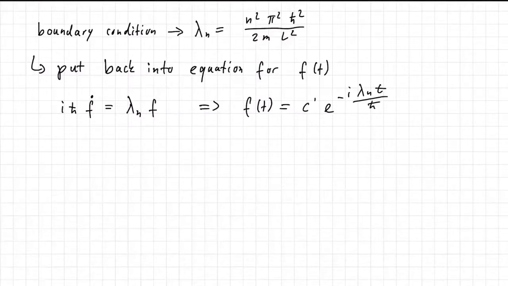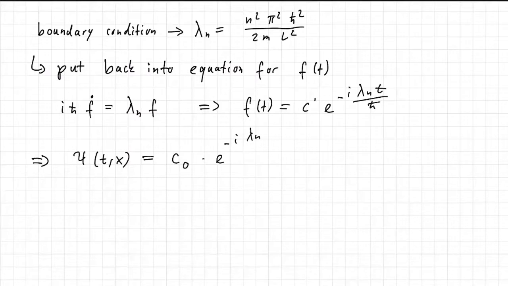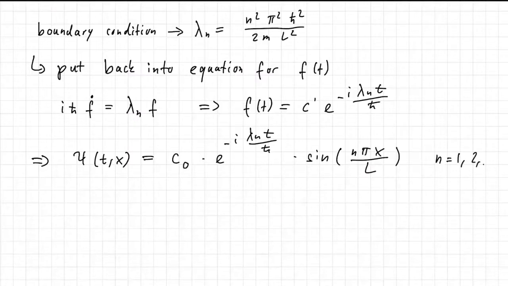And with that, we can write down the complete solution, which was a product of f of t and phi of x. And we get the complete solution, which is psi of t, x equals some coefficient, the c prime times c1, which now I call c0, times e to the minus i lambda n t divided by h bar times sine n pi x divided by L. So I put in a value of k that I determined, n times pi divided by L. And that is a solution for n equals 1, 2, and so on.